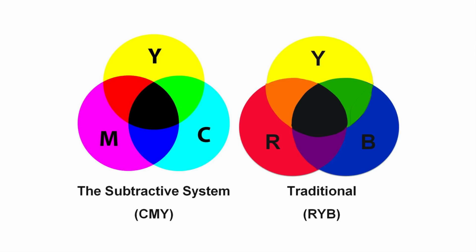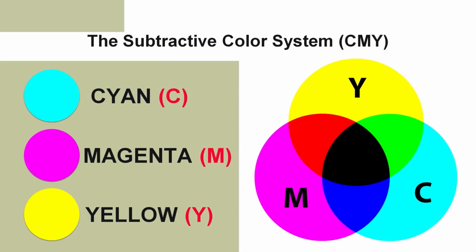The subtractive color system, CMY, is based on the mixing of a limited set of dyes, inks, and paint pigments to create a wider range of colors. So in this model, the primary colors are cyan blue, magenta, and yellow.